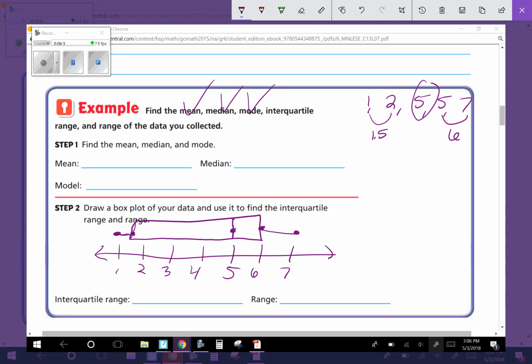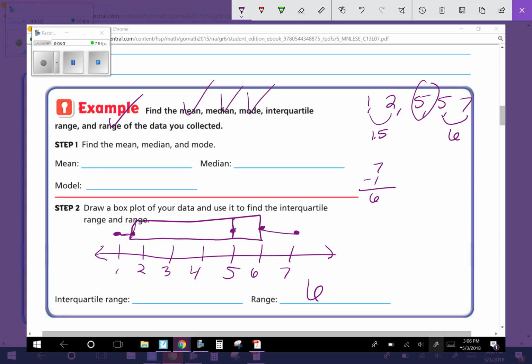The range is just the highest number of the data set minus the lowest number. So I just take 7 minus 1, because 7 is my highest, so I look right here. 1 is my lowest. 7 minus 1 equals 6. So my range would be 6. Done with that. Interquartile range. I look at the interquartile box that I have.